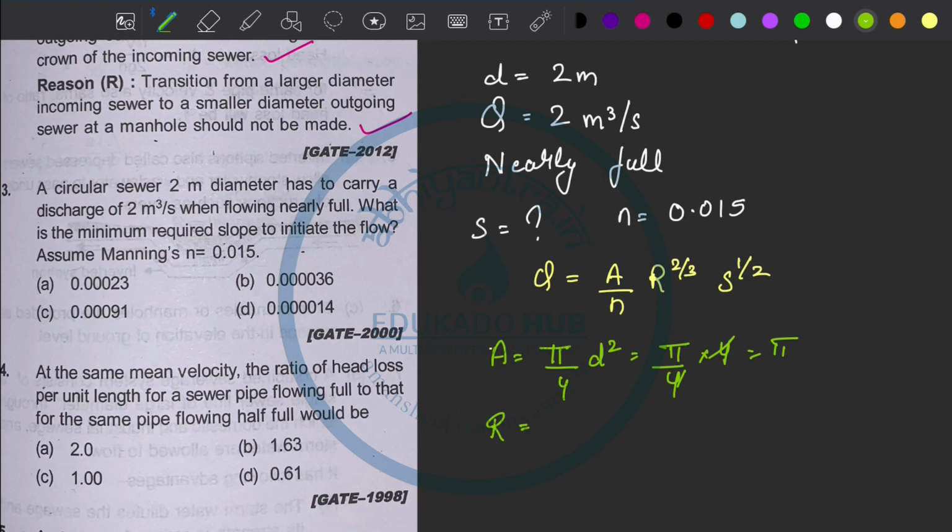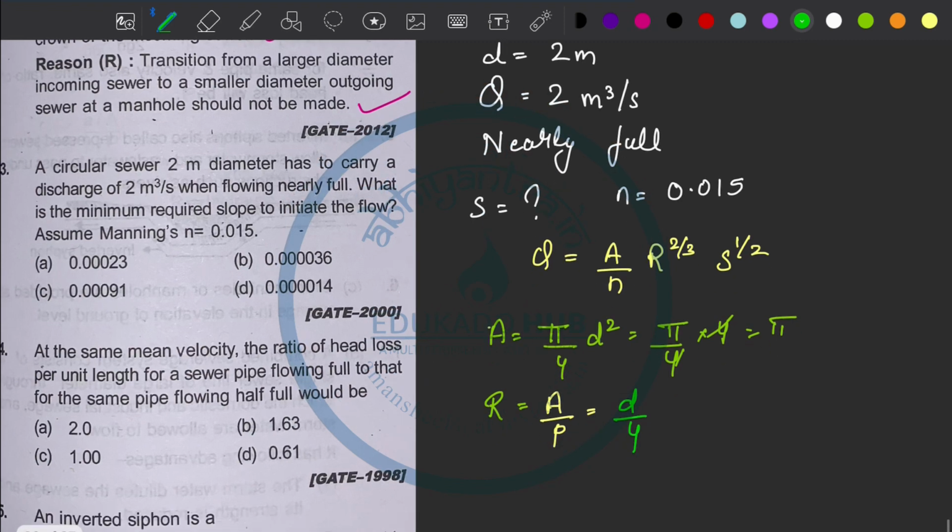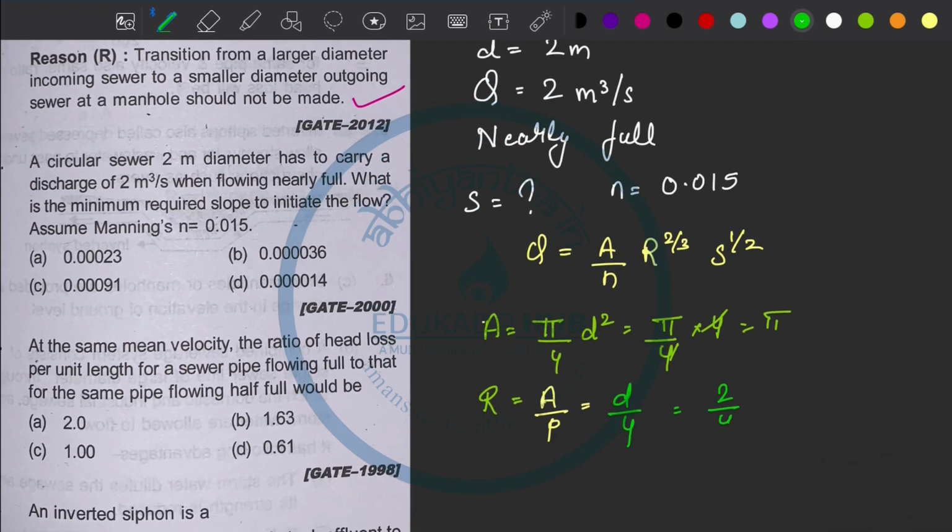It is given by wetted area upon wetted perimeter. So I can say R is equal to A upon P. And for a sewer which is running full, there is a special case. If the sewer is running full, the R value will be equal to D by 4. So diameter is 2 upon 4, value comes out to be 0.5 meter.